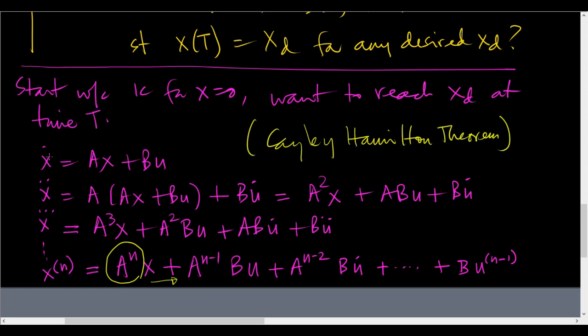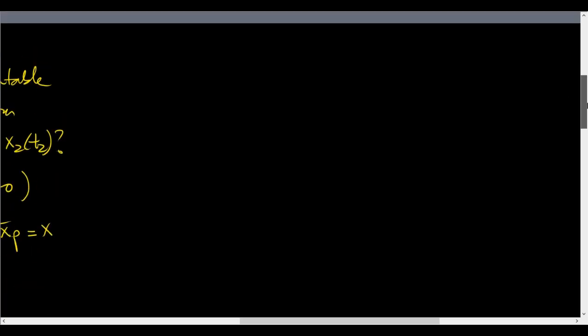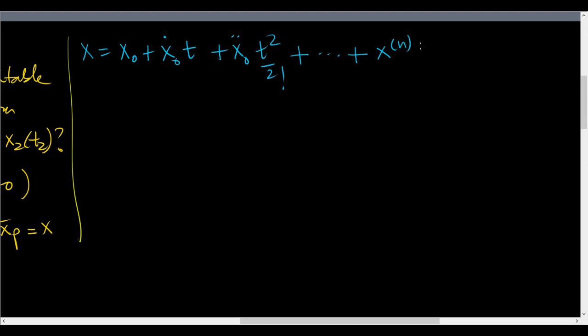So what we will do now is we will think of this as a Taylor series for x, and we will write it like this. Remember, x starts with 0 initial condition. So x, we use a different color, x is equal to x0 plus x0 dot times t plus x0 double dot times t squared by factorial 2 plus dot dot dot plus x n t to the n by factorial n plus more.